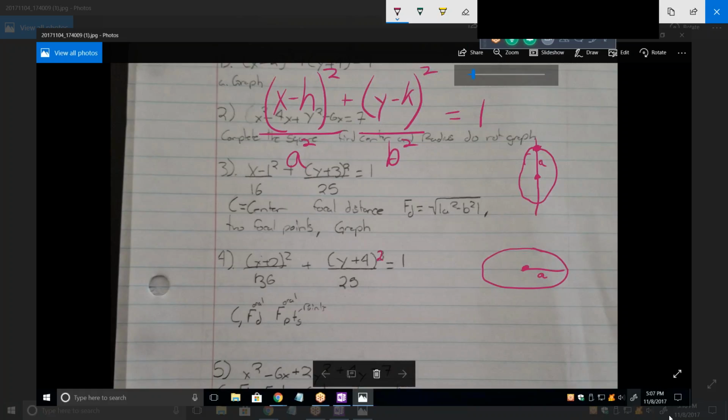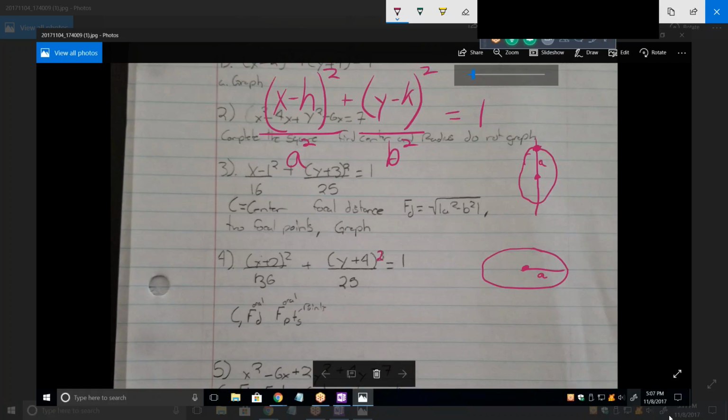Okay. Now, tell me what the four things you have to know are: what h means, what k means, what a means, and what b means. So h is positive 2, k is positive 4, A is 36, or no, A is 6, technically, and B is 5.